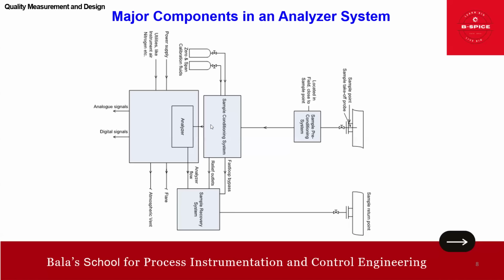So after the sample conditioning system, it comes to the analyzer. Then from this analyzer, we have analog, digital, all these. And this actually goes to flare and this goes to the atmospheric vent. Of course, we have the utilities like instrument air supply, nitrogen, all there, and the power supply. So these are the typical major components in an analyzer system. We will discuss this one by one in detail.